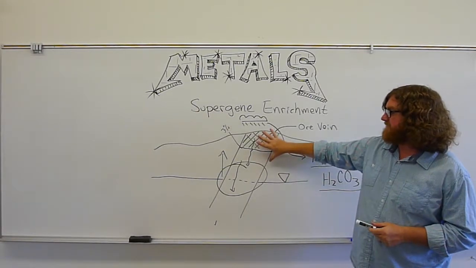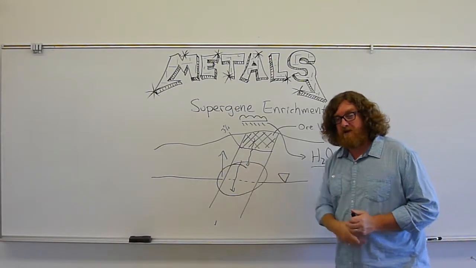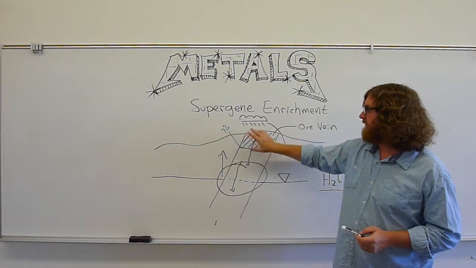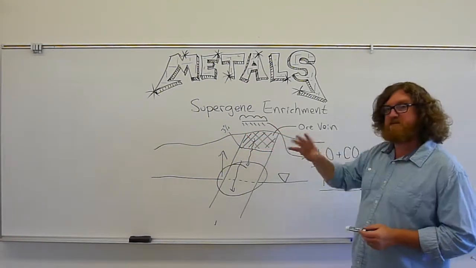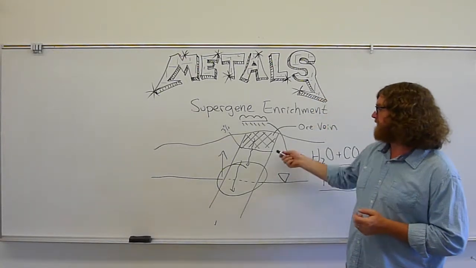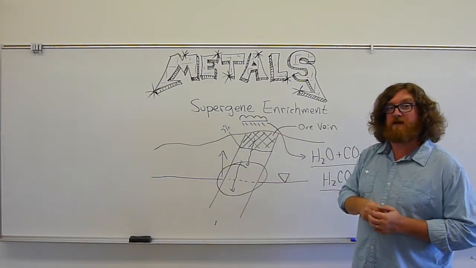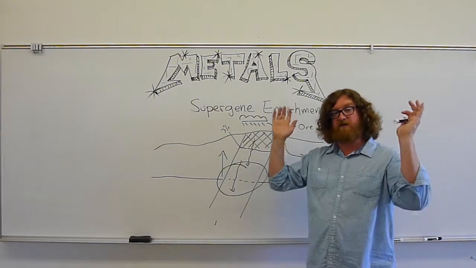So the stuff here at the surface is depleted, but it's all redeposited further down. And famously, this upper portion is weird, insoluble stuff left behind. It tends to be an earthy red color. We call it gossan. Miners back in the day would just look for gossan and then go down and hopefully find that supergene enrichment. Then pull metals out of there and buy a fancy house on the hill and call it good.